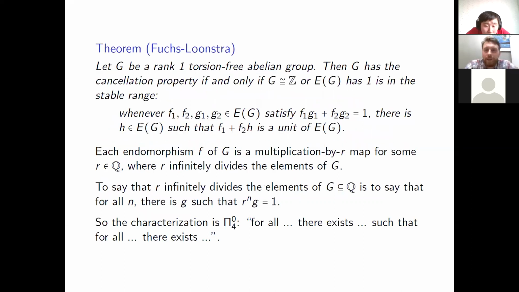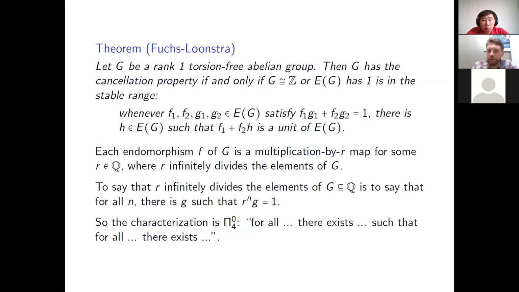And this is, again, a counting quantifiers thing. Basically, you have to represent endomorphisms. Those are all multiplications. The multiplication by r map is an endomorphism only if r infinitely divides everything in the group. So to say something's even an endomorphism, you have to say for every n, there exists a g, r to the n times g equals 1.